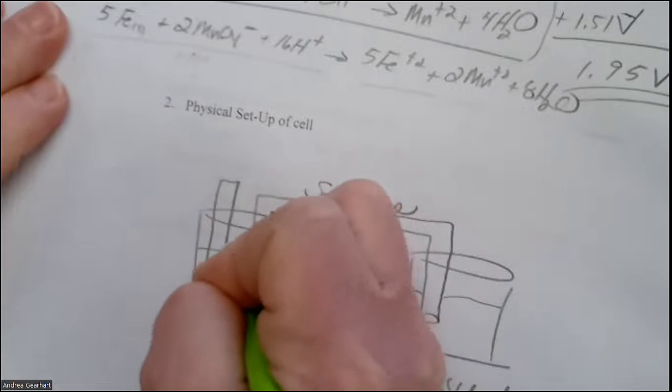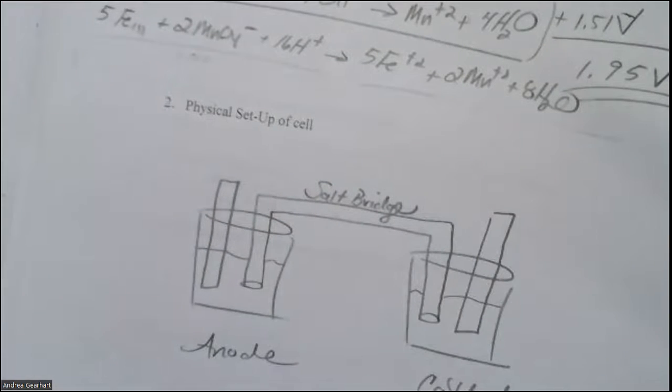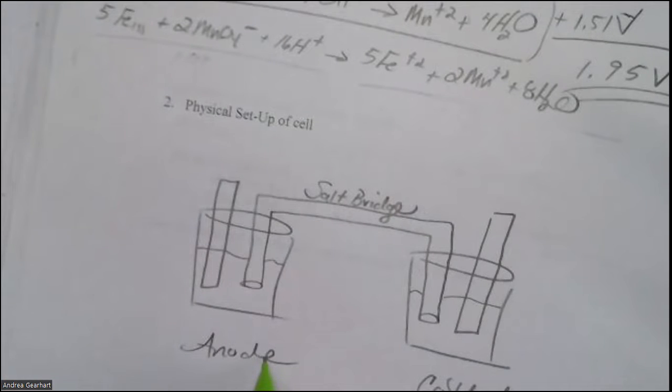And we must have solid for the electrons to be given to or taken from. Okay, now we know water's there. So my anode is my oxidation.